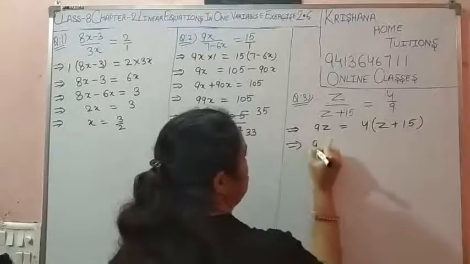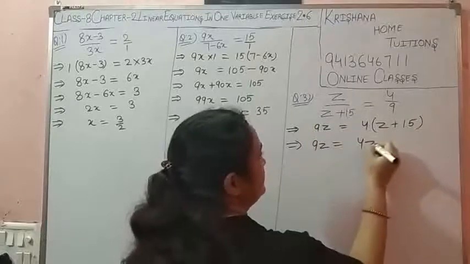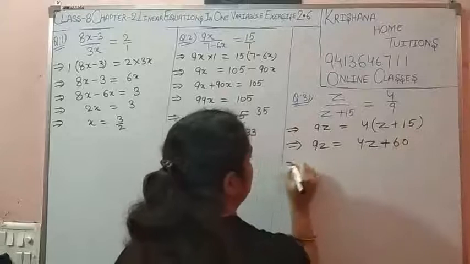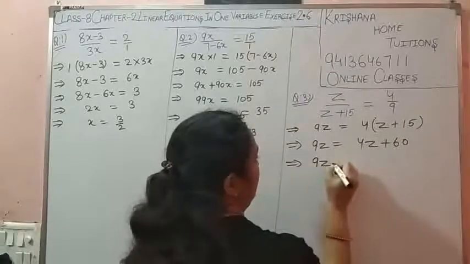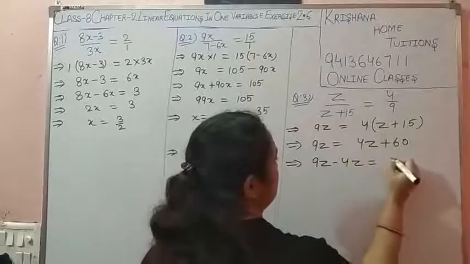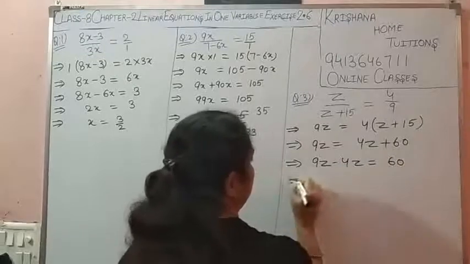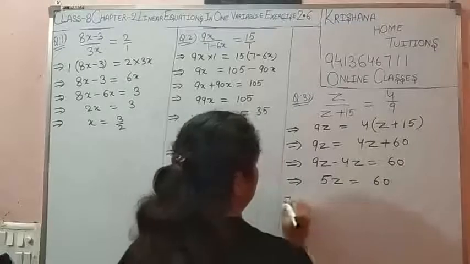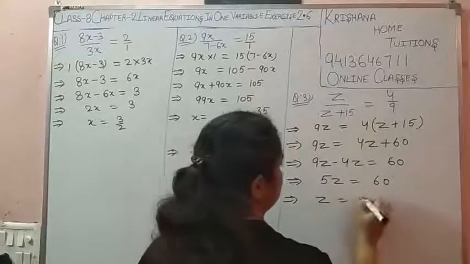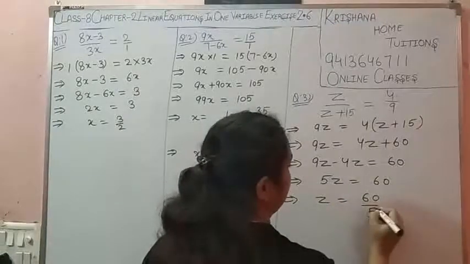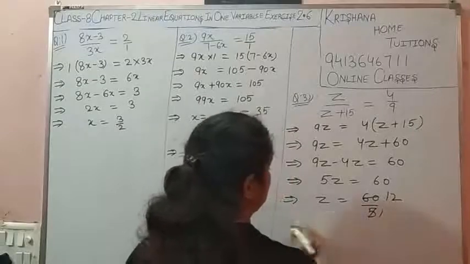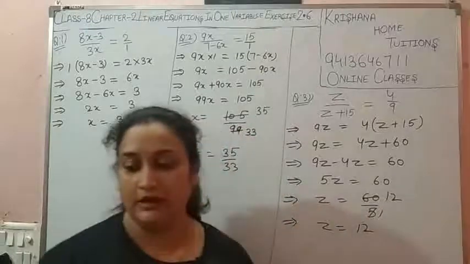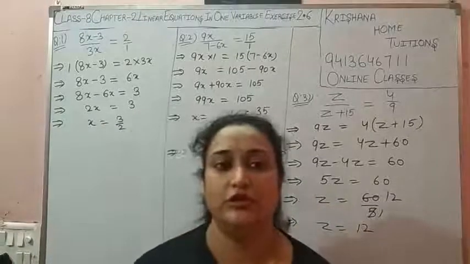So 9z is equal to 4z plus 60. 9z minus 4z is equal to 60. 5z is equal to 60. Z is equal to 60 divided by 5. 5 twelves are 60, so z is equal to 12. This is the solution of these 3 questions.